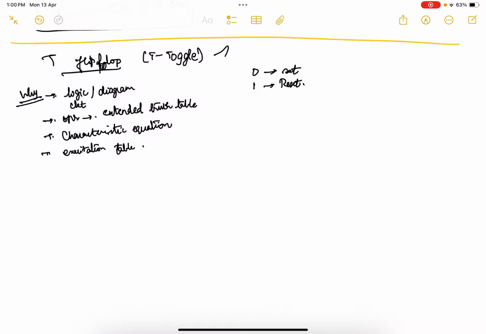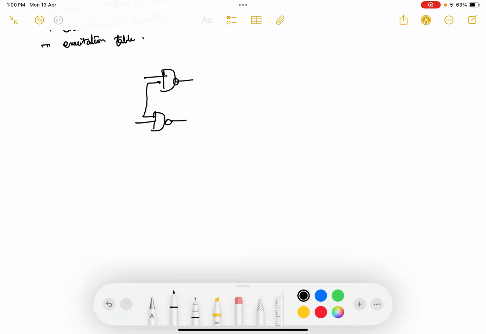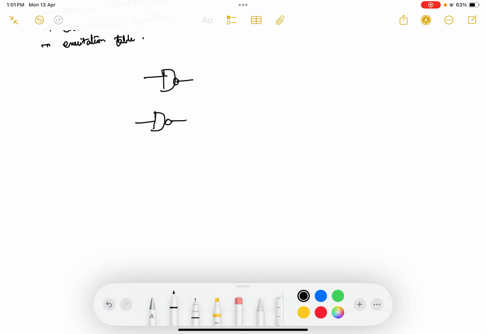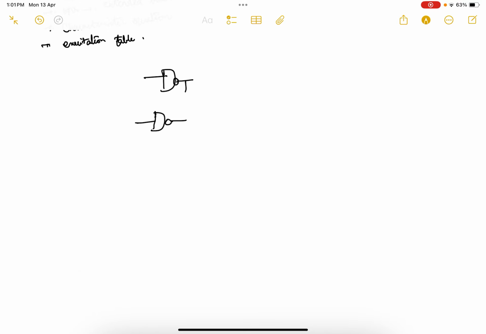So how to draw this T flip-flop? Drawing of the T flip-flop is an advancement of the JK flip-flop. So how will we draw our JK flip-flop? So this output is the feedback over here.